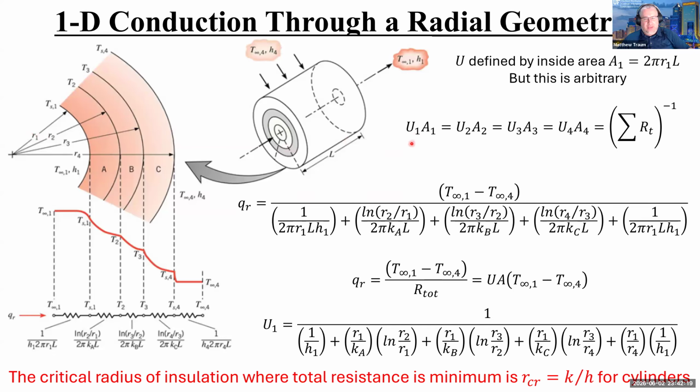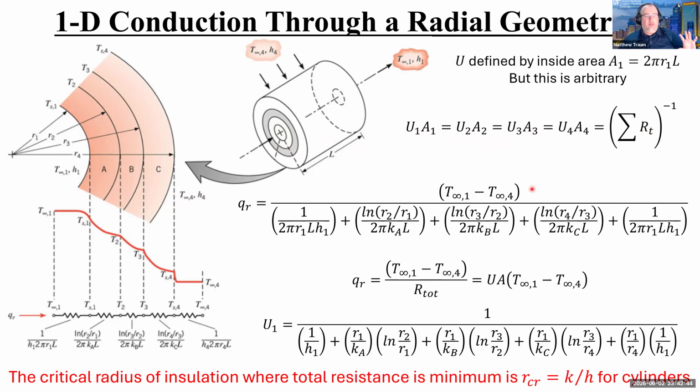And so it turns out that the conductance through member one times the area of member one is equal to the conductance through member two times area two is equal to the conductance through member three times area three, and so forth. And that all together equals the inverse of the sum of all the resistances together, right?